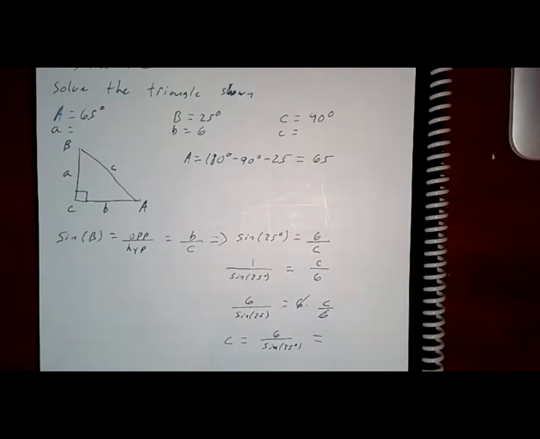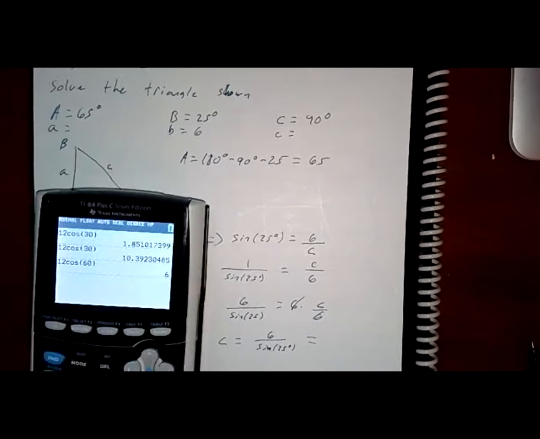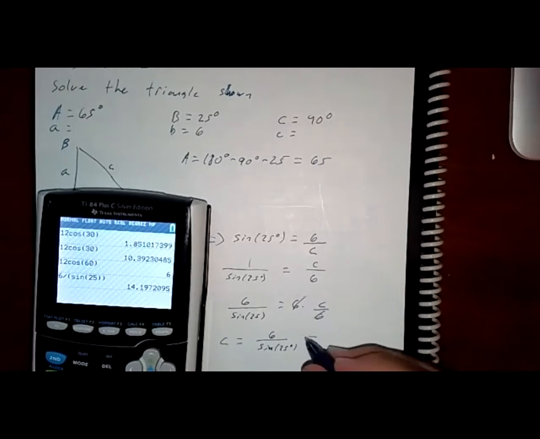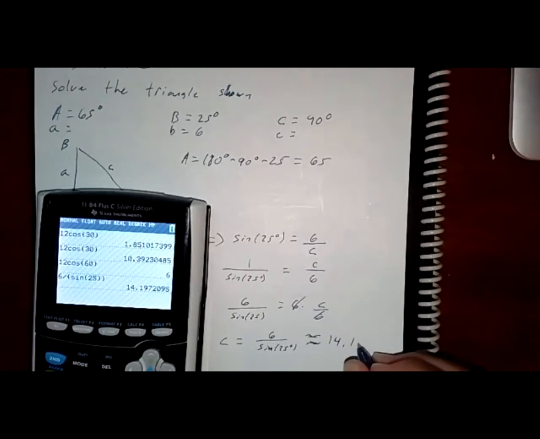Okay, so let's calculate what little c is. So 6 divided by sine 25, approximately equals 14.1. Actually, it rounds to 14.2.